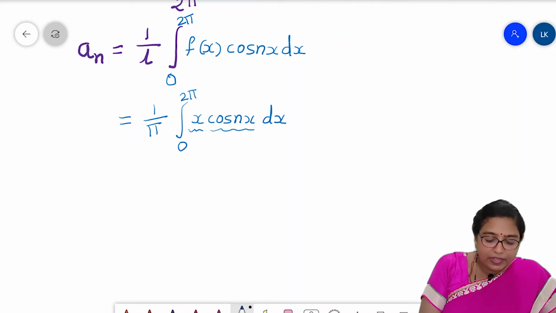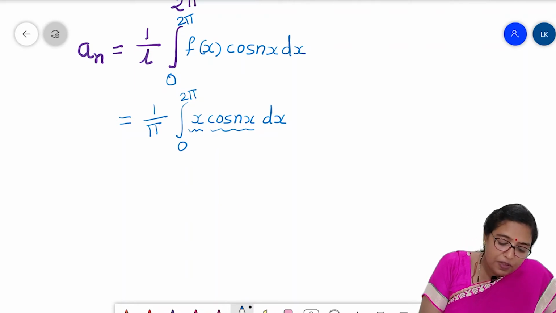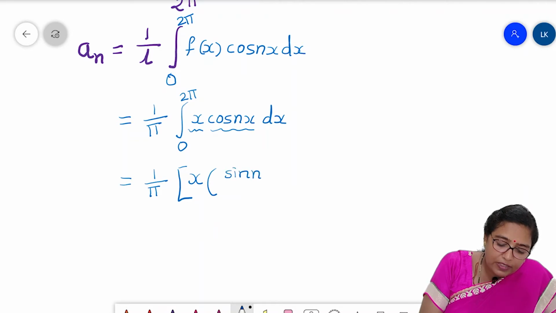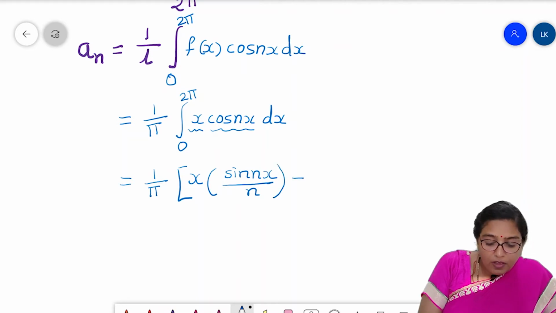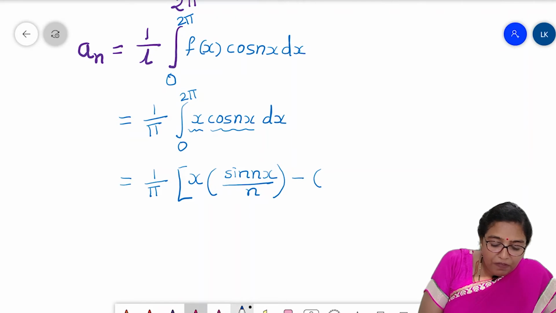u means x and v means cos nx. We know the formula of integral by parts. First, x as it is, integration of cos nx, it is sin nx upon derivative n, minus the derivative of the previous term.